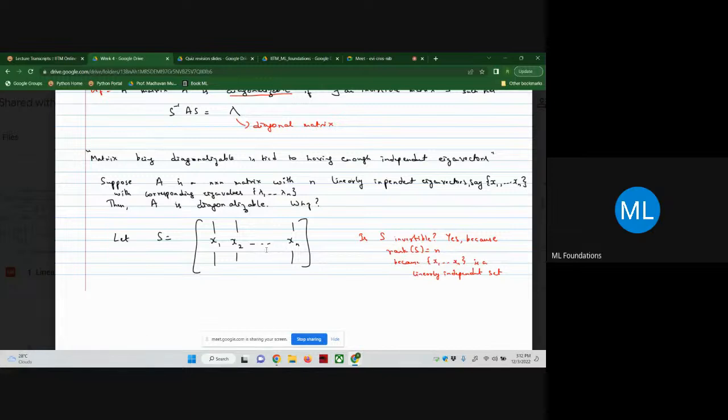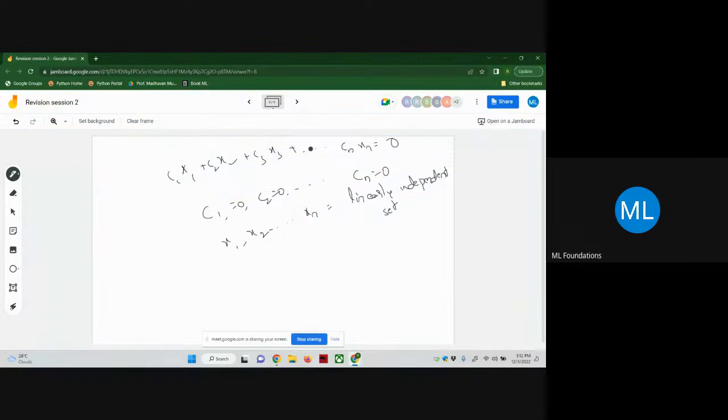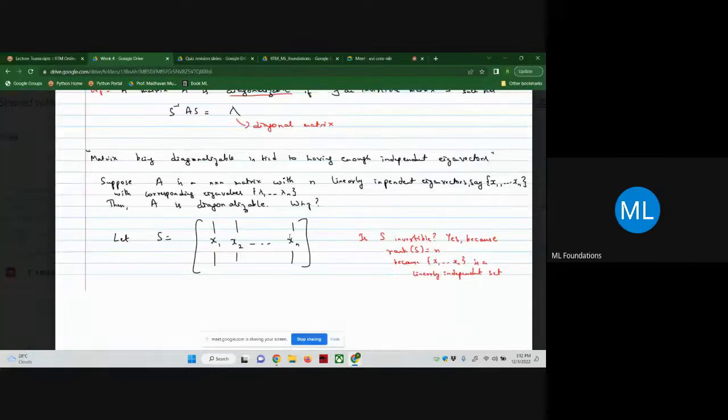If you remember, the column space dimension is equal to the number of independent columns in the matrix. Here all n columns are linearly independent, so the column space of S has dimension n. When the column space of S equals n, the rank of S is also n.